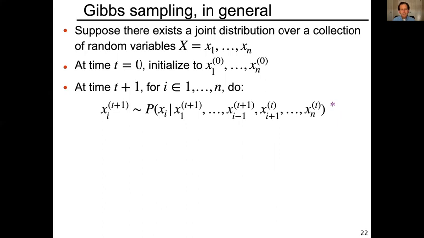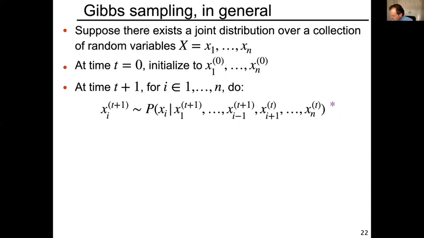We ignore the assignment that we had before for x sub i, and we resample that value, conditioned on the current values of all of the other random variables in the collection.